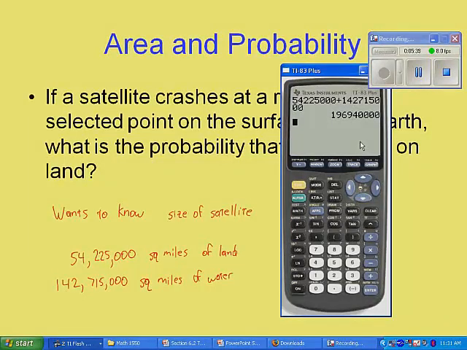Yeah, that's the surface area of the Earth, if these figures are accurate, which I'm trusting our book on. Okay? And now what do I do?